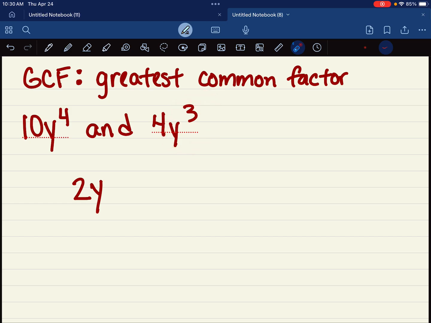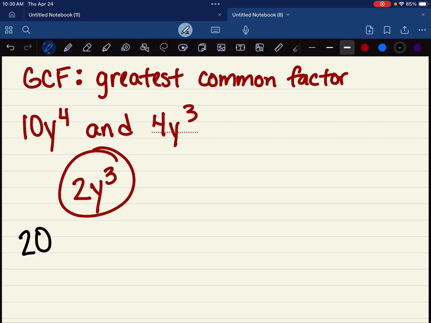Only 3, okay? Here's the deal. You basically take the smaller of the two exponents, all right? Is that it? For greatest common factor, yes. For what we're going to be doing today, no, not really, but bless you. Let's look at another one.